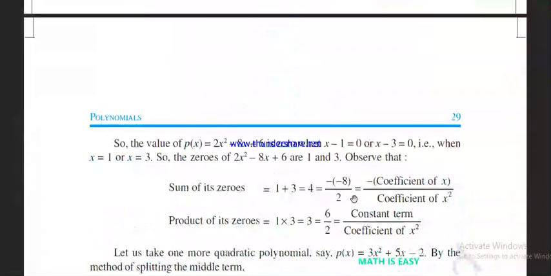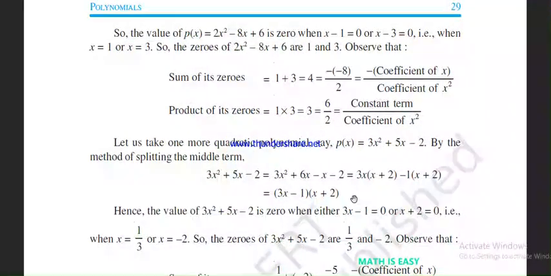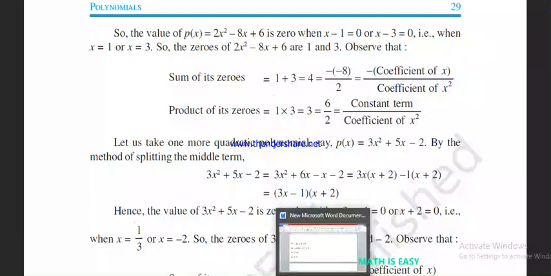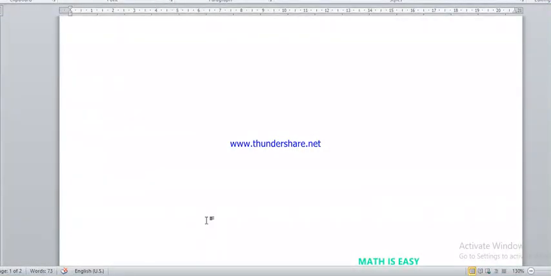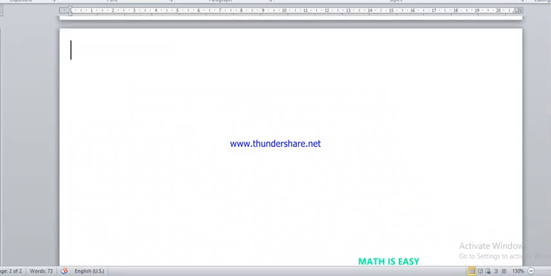Okay, so let me take one polynomial, for example 3x square plus 5x minus 2. Let's type it here.